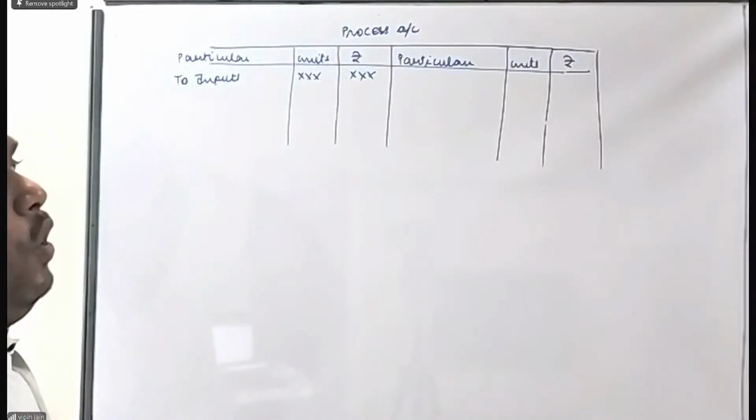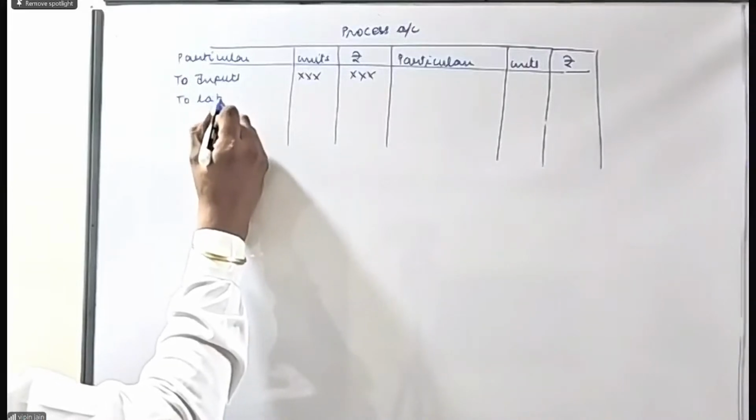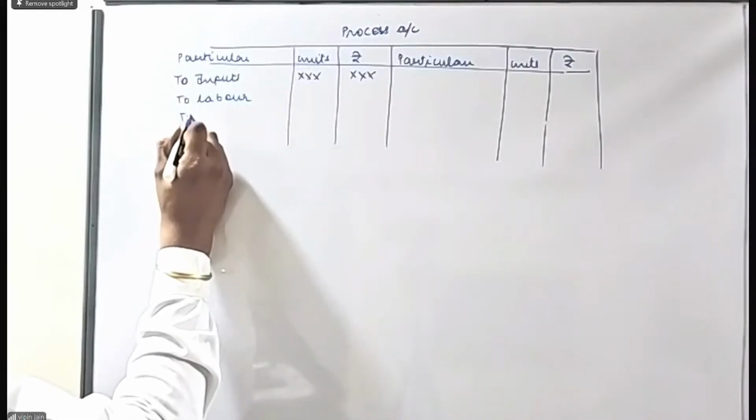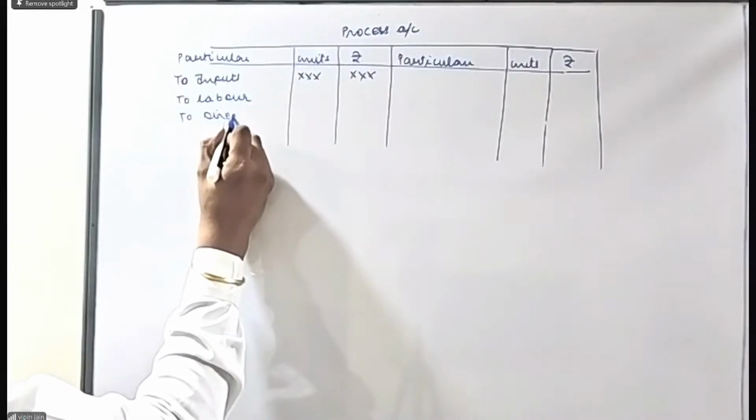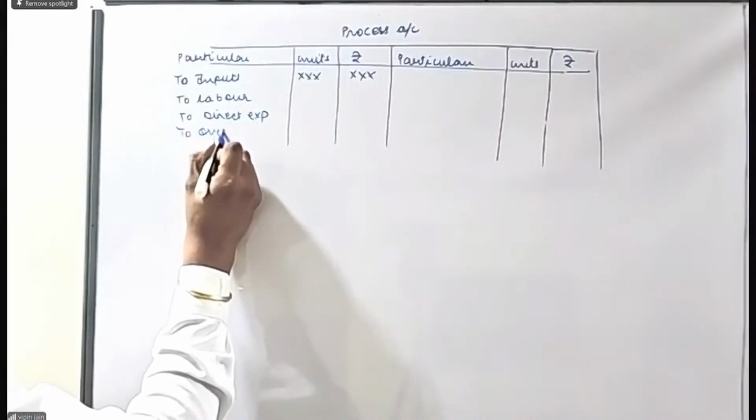Thereafter, we will record all the conversion costs, that is labor, direct expenses, and all the overheads.